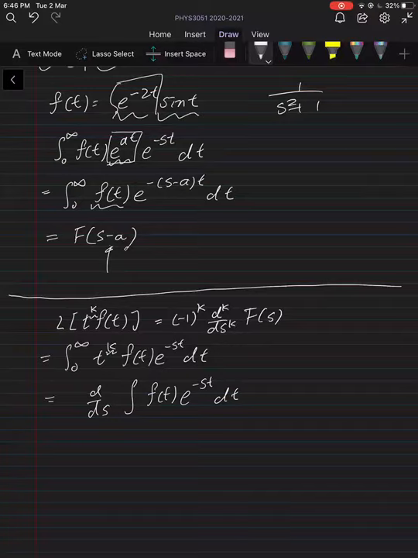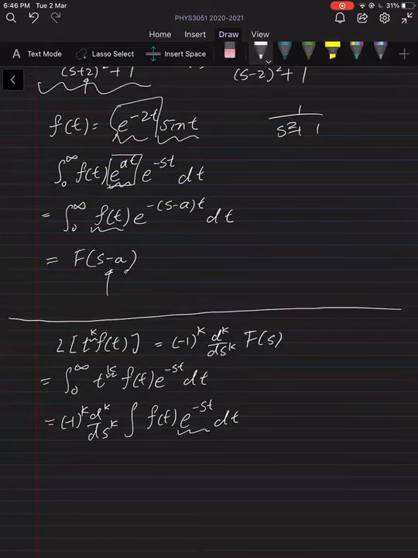By differentiating it once, you would get a minus t. So you want t to the power k, then it is simply differentiating it k times. Also, you have the minus sign here, so you have the minus 1 to the power k. And then the second thing would be simply the one I have written here.